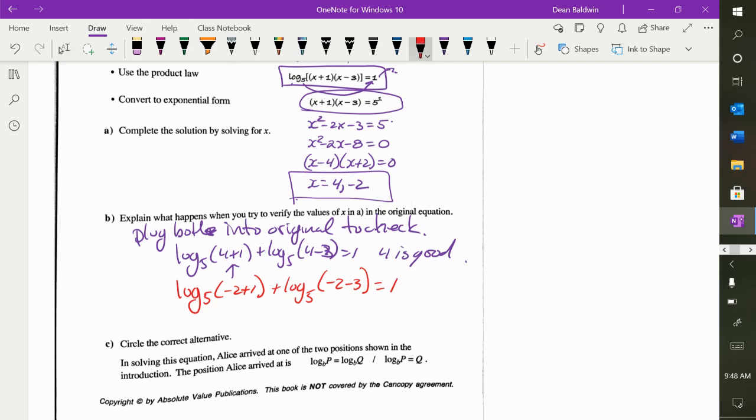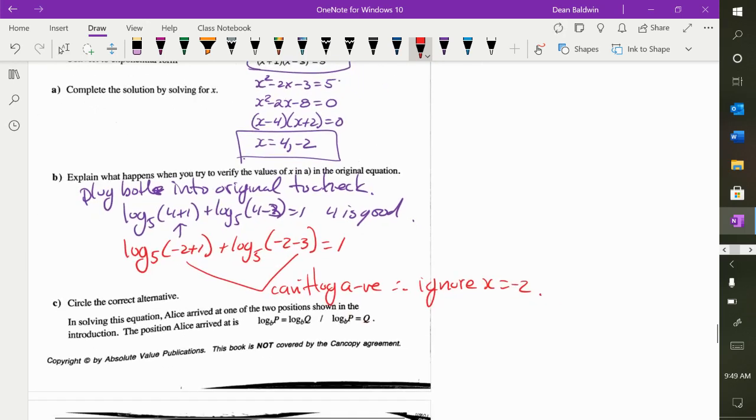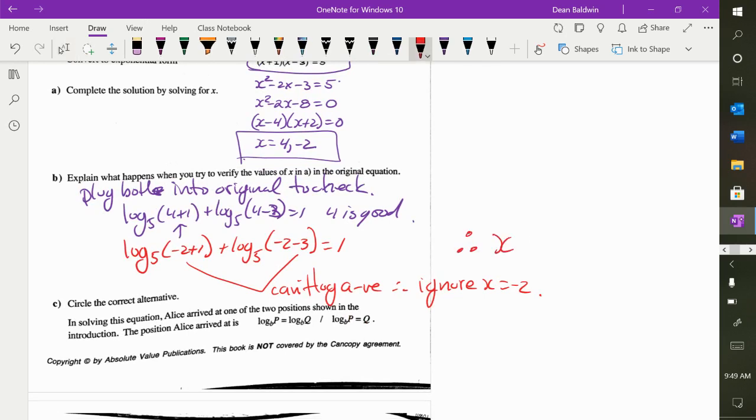But it also fails in this one because negative 2 minus 3 is negative 5. Okay? So can't log a negative. Therefore, ignore x equals negative 2. Therefore, your only answer is x is equal to 4.